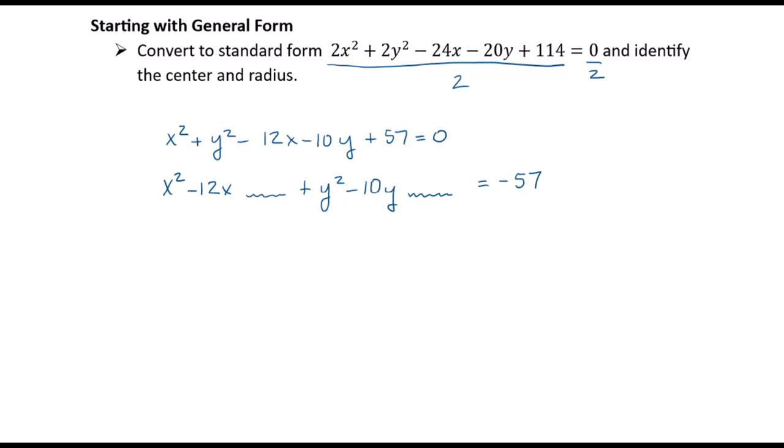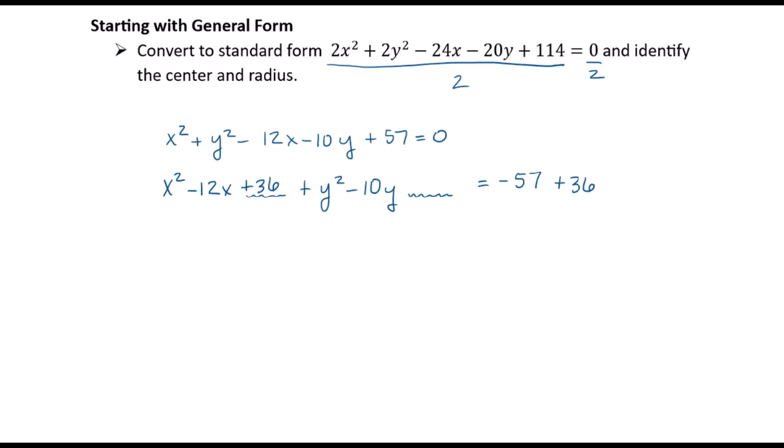Now I want to complete the square on x. Remember, half of negative 12 is negative 6. Negative 6 squared is positive 36. Now it should feel strange to just add 36 to one side of an equation. We can fix that. Add 36 to the other side of the equation and you're keeping the equation still equal.